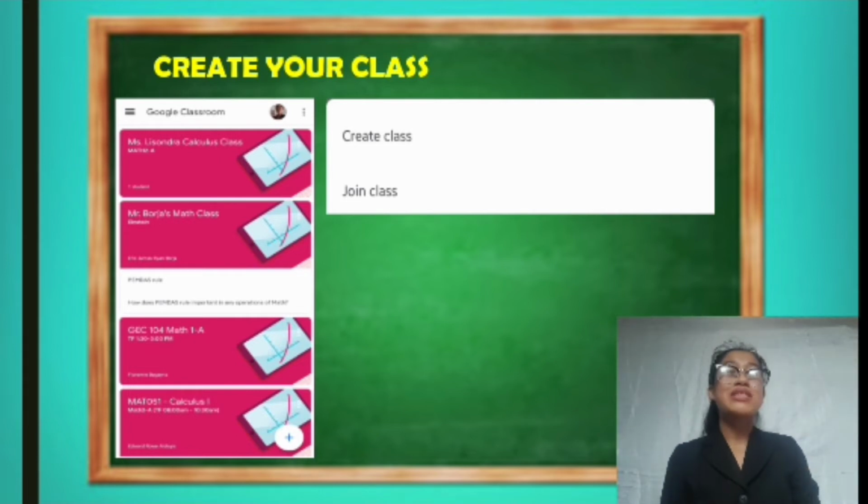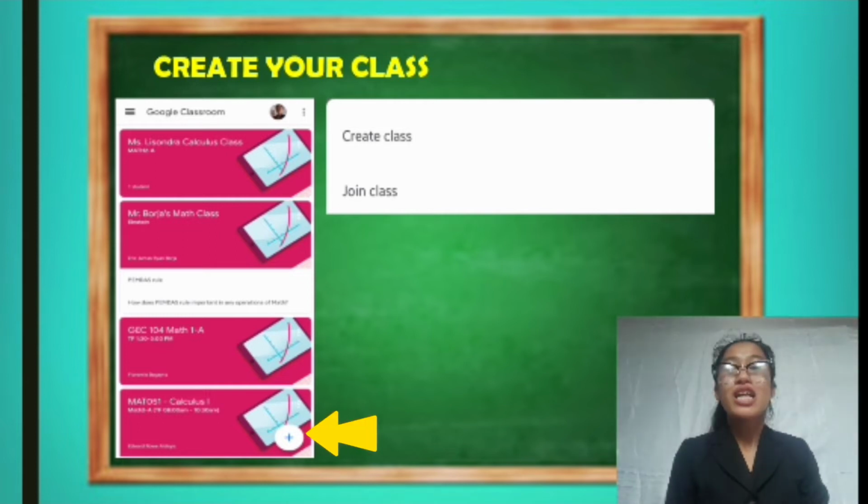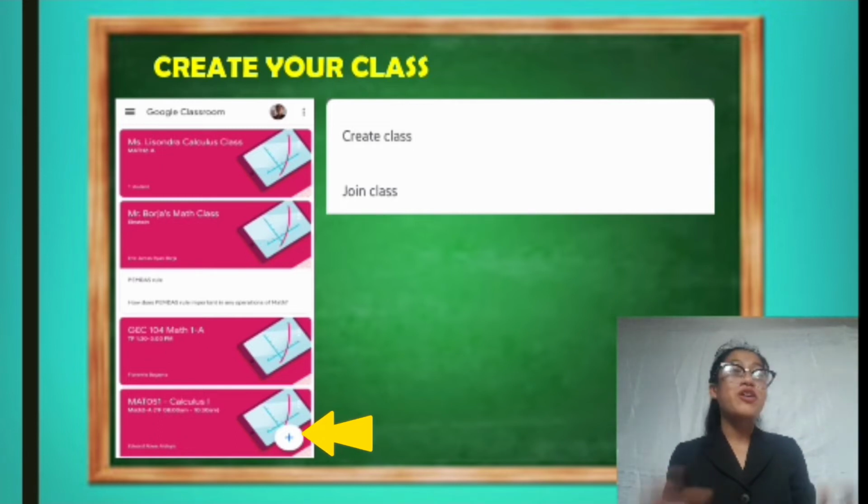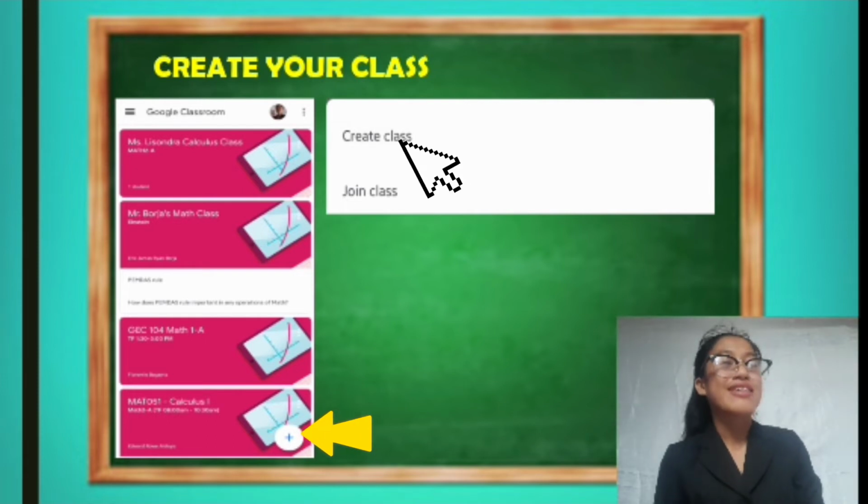In the Stream tab of Google Classroom, you can see a plus sign. You click that plus sign, and it will bring you to two options: to create a class and to join a class. Since the first step is to create your class, you will click create class.